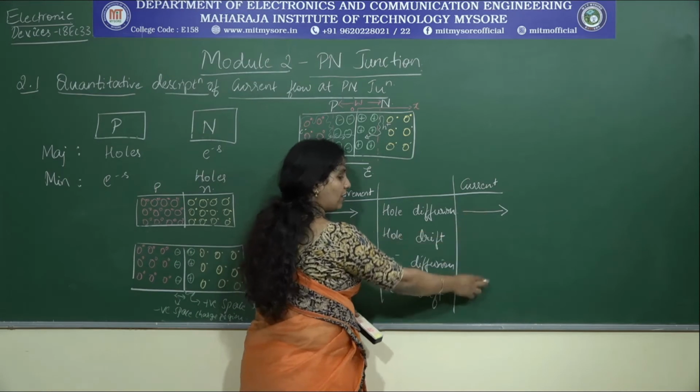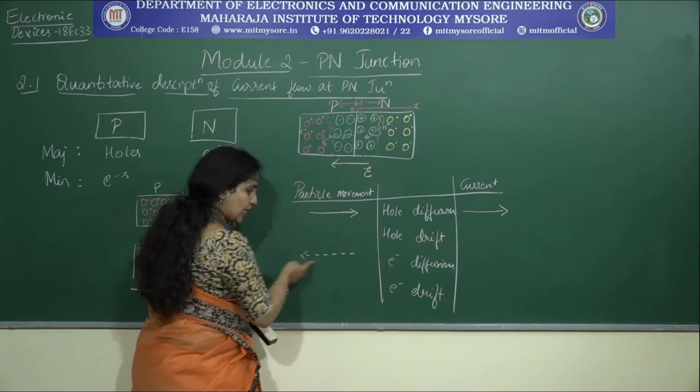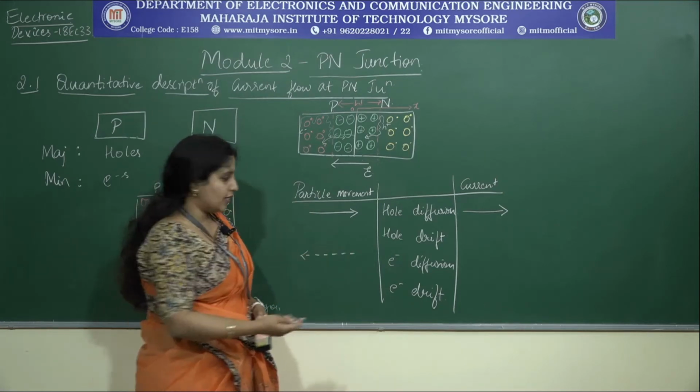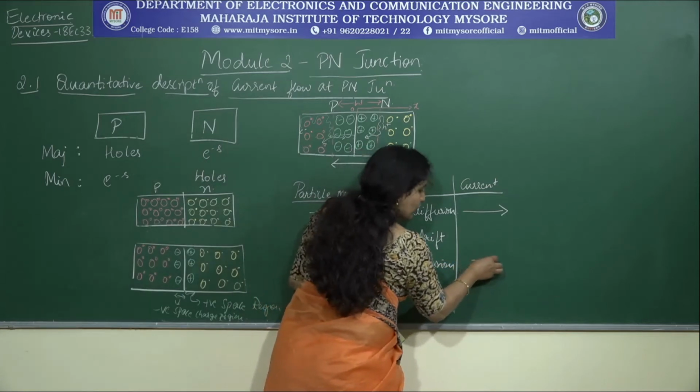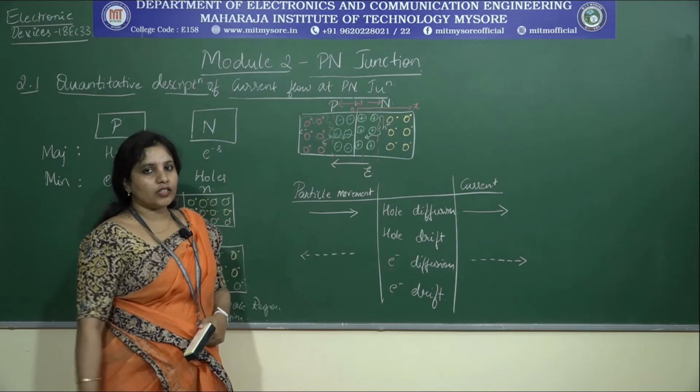Similarly, we are referring to the conventional current, so even though the electrons are getting diffused towards my left hand side, the conventional current direction is towards the right hand side. I hope all of you are clear till here.